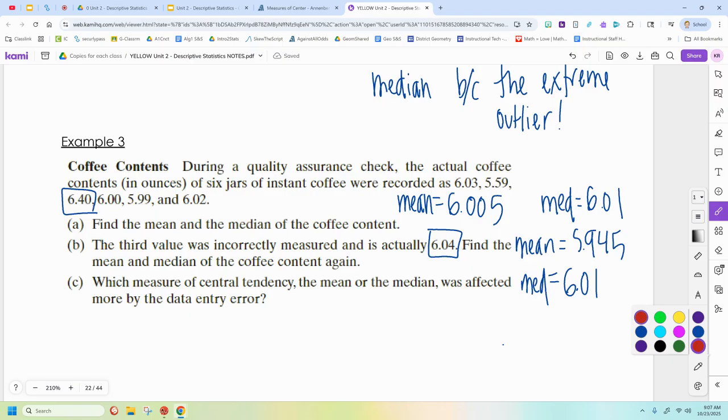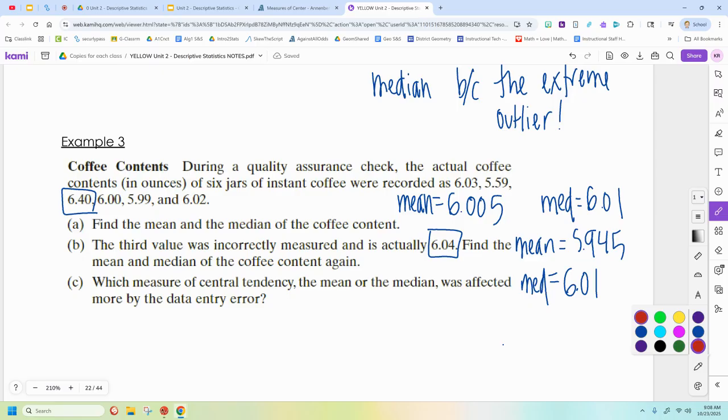Can anybody make an observation about the 4 numbers that I've written up here? Did the mean stay the same? Do I have the wrong mean? No, they're different. Bailey, did I get a wrong answer? I thought the median was 6.02.